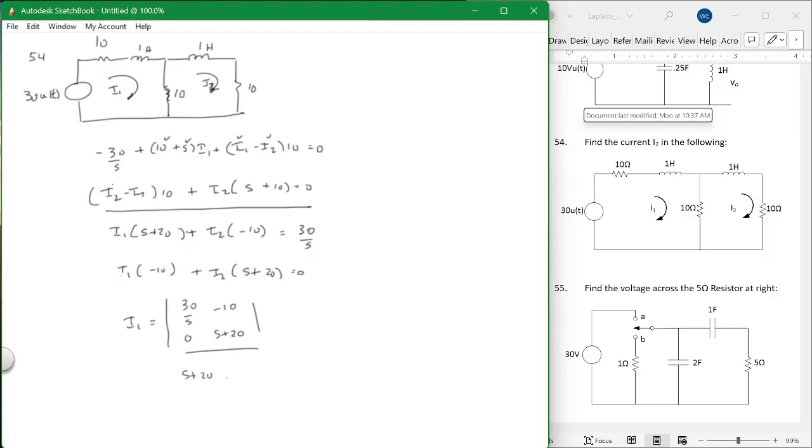S plus 20, minus 10, minus 10, S plus 20. Okay? So your I1 is equal to 30 over S times S plus 20 over S plus 20 quantity squared minus a plus 100, so it is minus 100. This times this is 100.